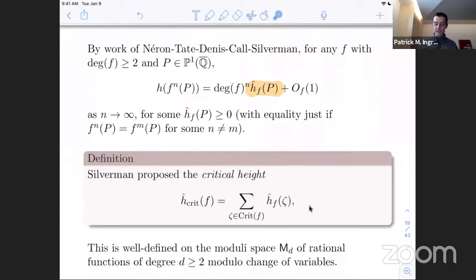There are a couple of different reasons why this might be a natural definition. The main one, at least now, is that we have this impression that the dynamics of the critical points tells you a lot about the dynamics in general. So maybe the canonical heights of the critical points tell you a lot about the arithmetic dynamics in general.